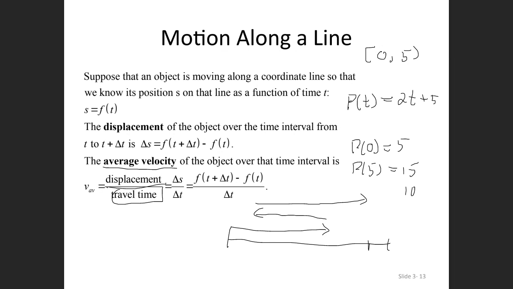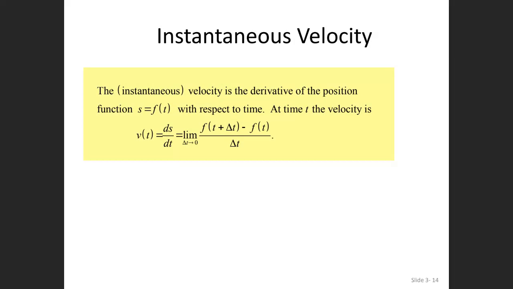Okay? These are good things to write down. So now, instantaneous velocity is different than average velocity. Instantaneous velocity is the derivative of the position function. That's all it is. And that gives you instantaneous velocity.